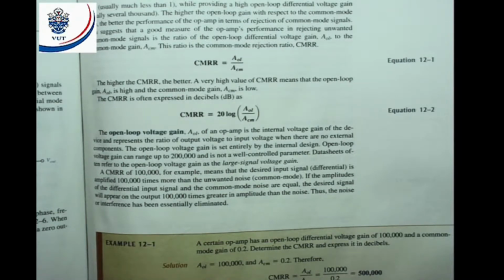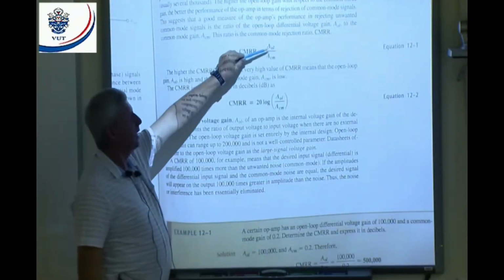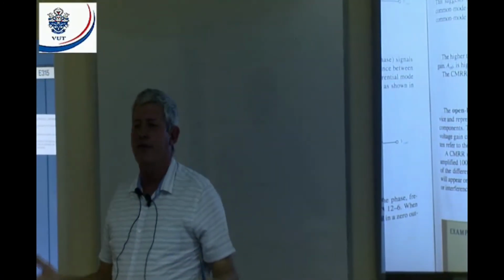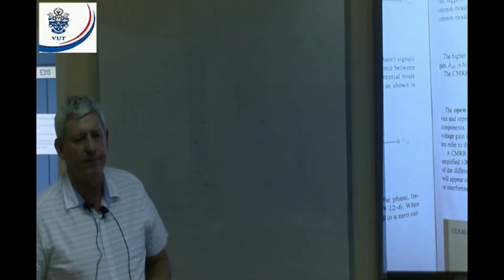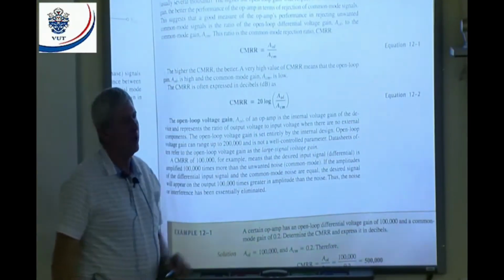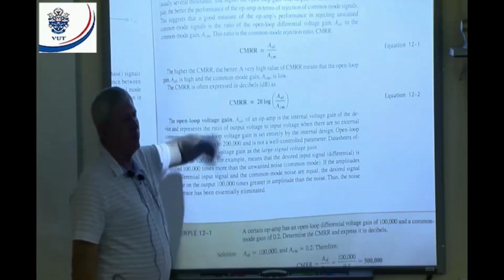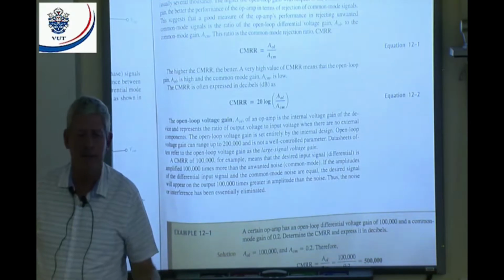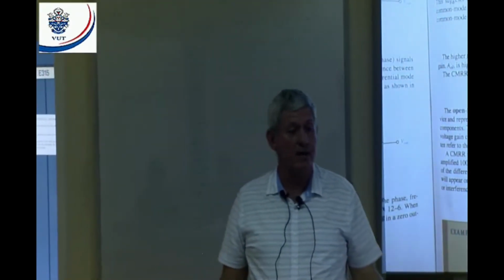All right, common mode rejection ratio. If I look at the common mode rejection ratio, I talk about AOL. AOL stands for open loop gain. That means when you don't have any feedback on your amplifier. That is my open loop gain. ACM is my common mode gain. The open loop gain will normally be very high. If I talk about a 741 op-amp, it will be in the region of 200,000.